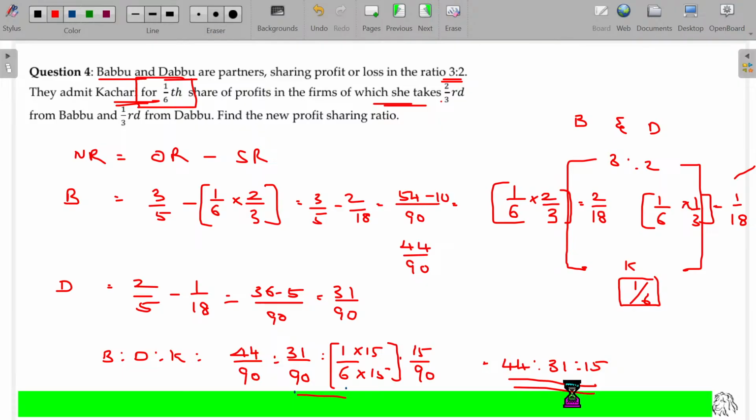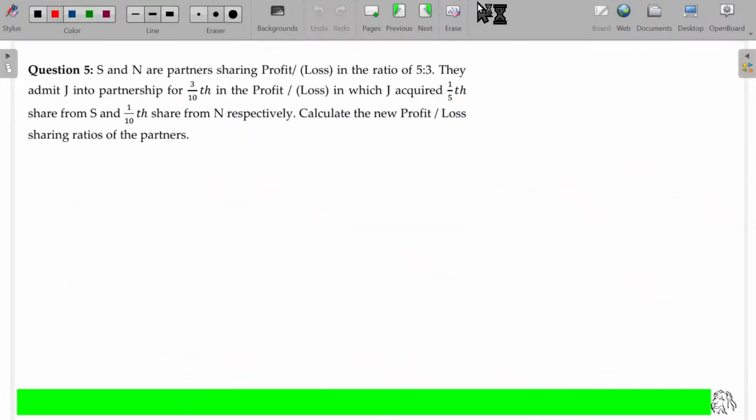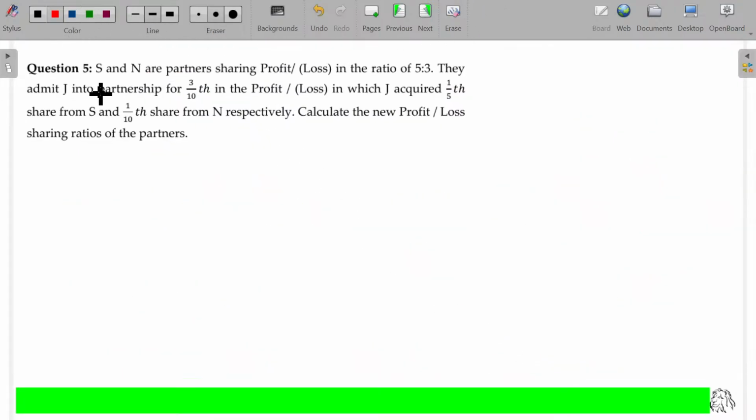Now we'll move on to the next one. S and N are partners sharing profits and losses in the ratio of 5:3. They admit J into partnership for 3/10 of the profit or loss. So S and N are the partners, their P&L ratio being 5:3.